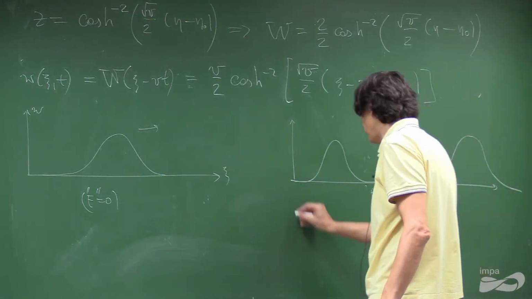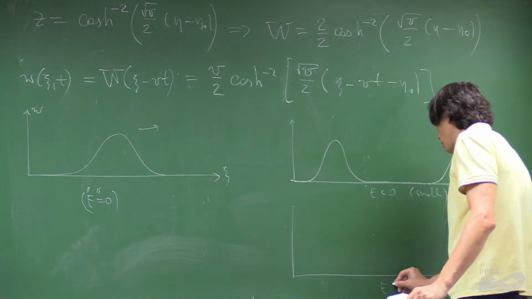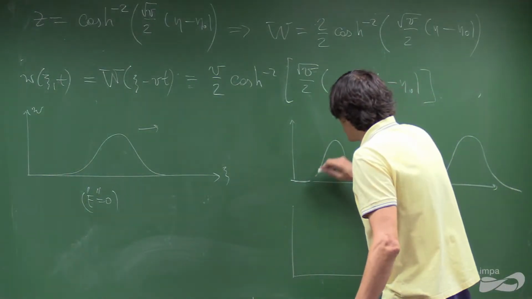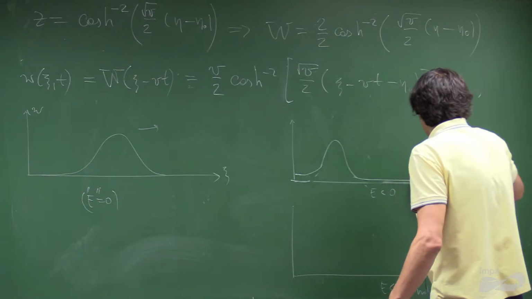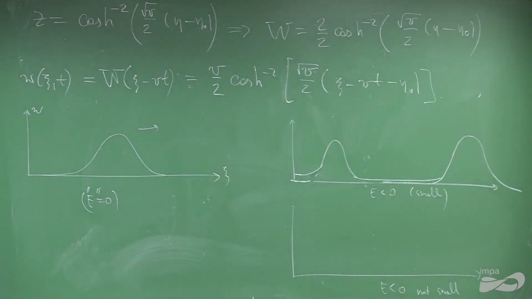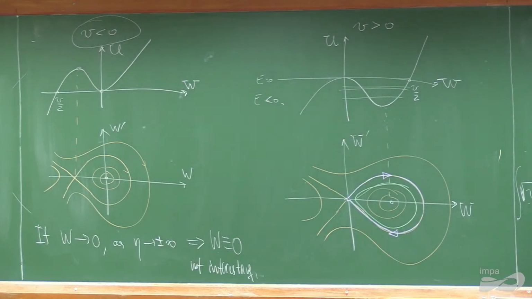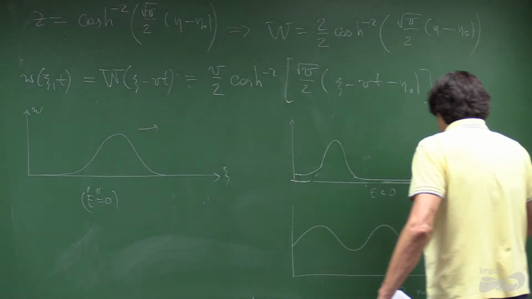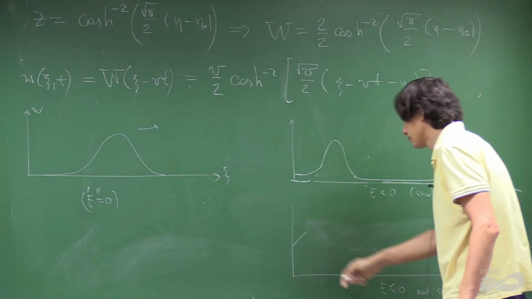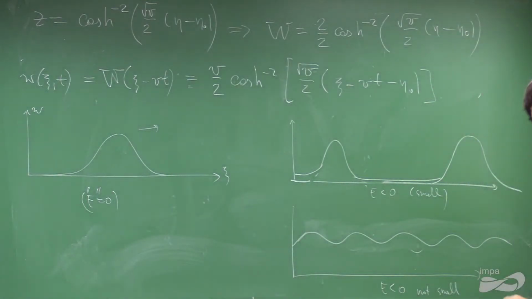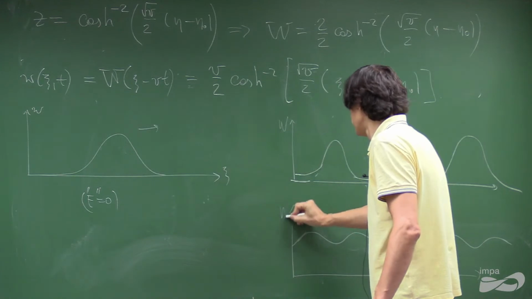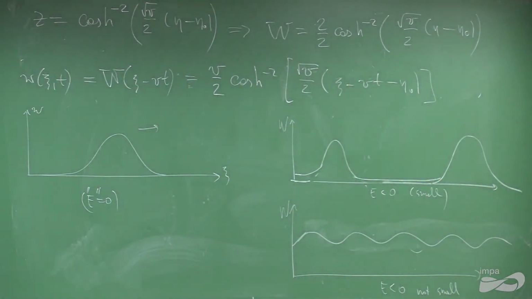And then if E is not small anymore, and you consider solutions close to the minimum, then you're close to the sine function. They just oscillate.